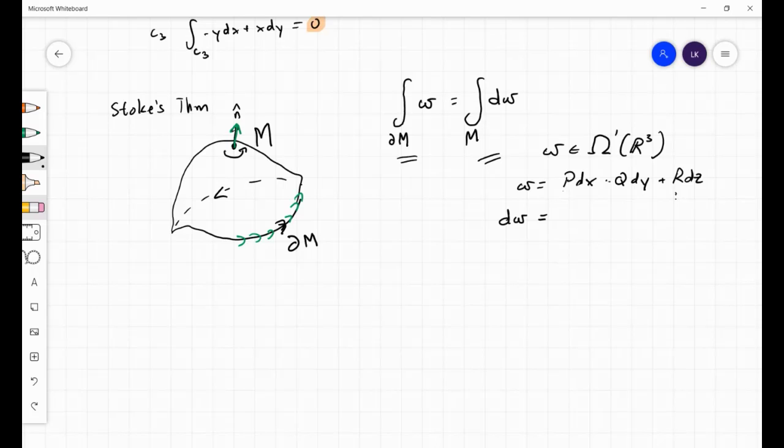But for now, we just know it's some two-form corresponding to the curl of the vector field.